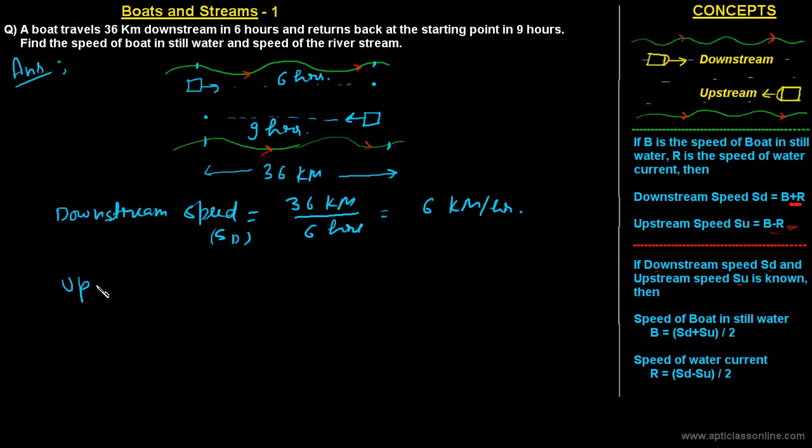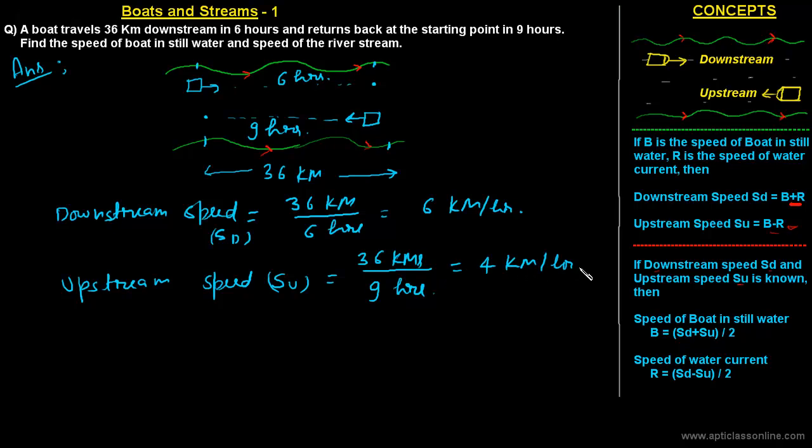Okay, upstream speed, we can write SU is equal to distance, that is same because the boat is returning back to the starting point, that is 36 kilometers divided by the time taken in upstream, which is 9 hours. 9 hours, that is 4 kilometer per hour.